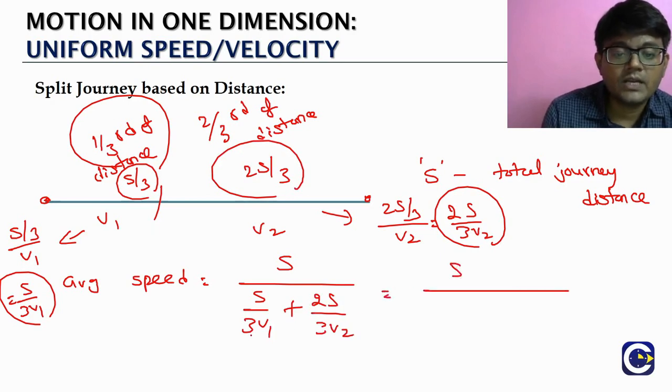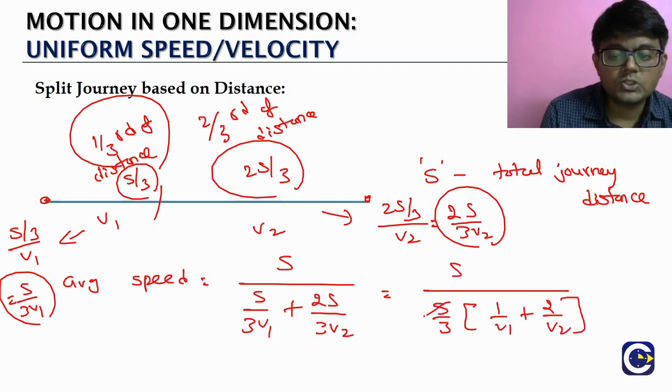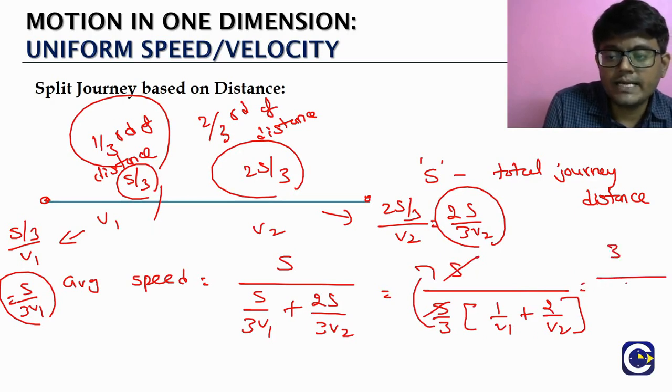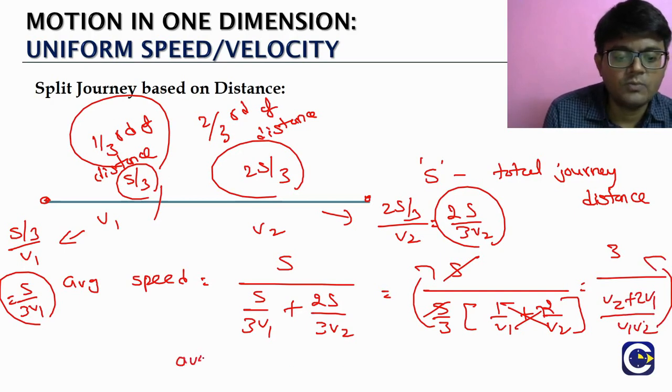Now what can we take common out? We can take S by 3 common out. We'll have 1 by V1 plus 2 by V2. So S is cancelled, and 3 will go to the numerator. In the denominator we'll take an LCM, so we'll have V2 plus 2V1 by V1 V2. The V1 V2 will go to the numerator. So what is the final formula?